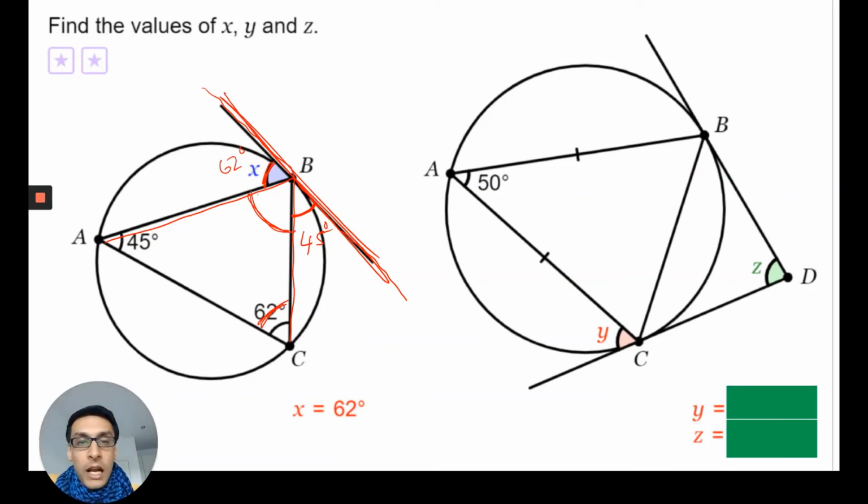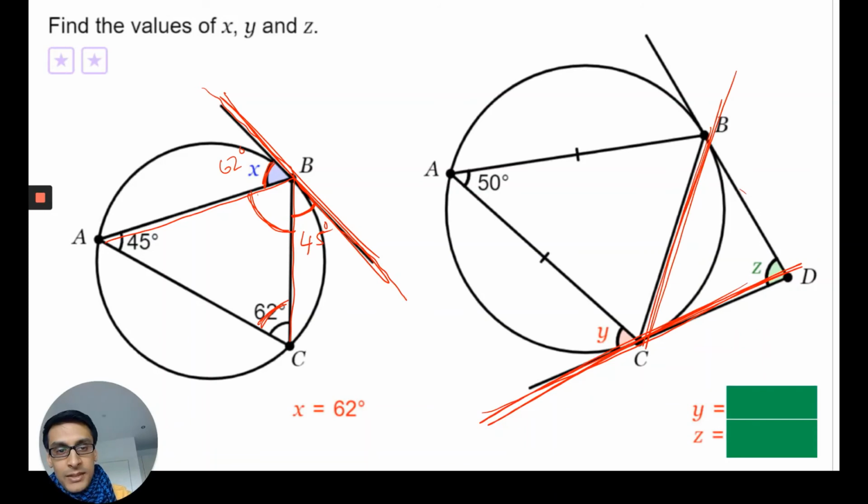Now, the second question, a little bit more required for this one, but still not too tricky. I said that they're quite good at hiding the alternate segment theorem within other questions. This is a good example here. All they've done is add that line there, but it looks like a very different question. So to work out any of the questions here, we know that we have a tangent and a chord there.